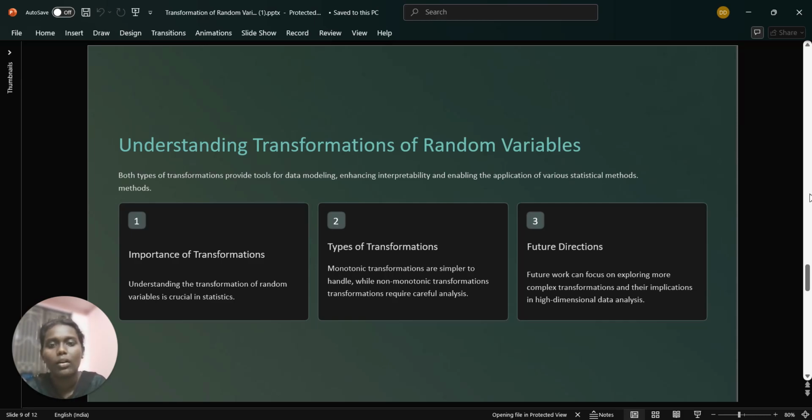Further, regarding types of transformations, monotonic transformations are simpler to handle compared with non-monotonic transformations, which require careful analysis. Future directions for transformation of random variables include exploring more complex transformations and their implications in high-dimensional data analysis.